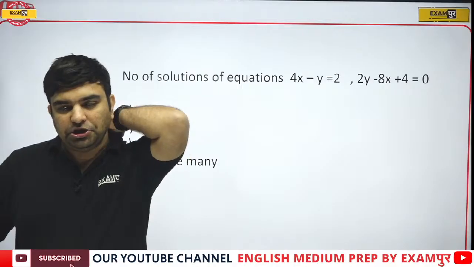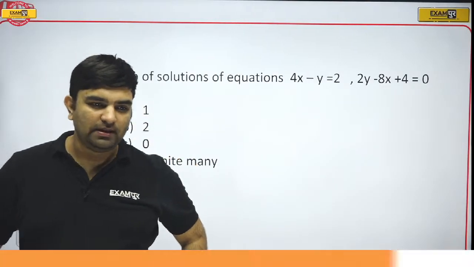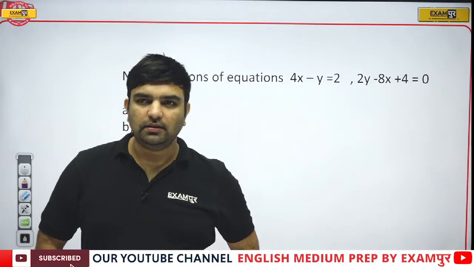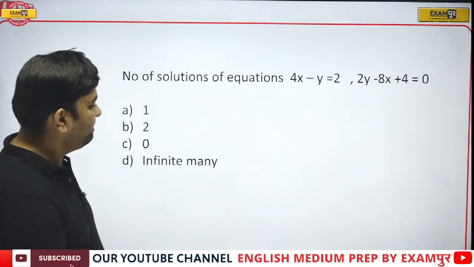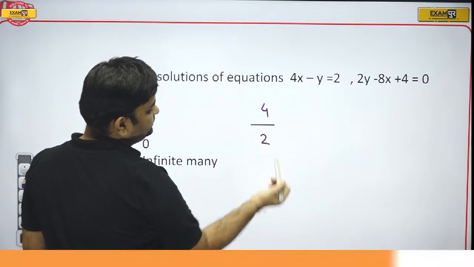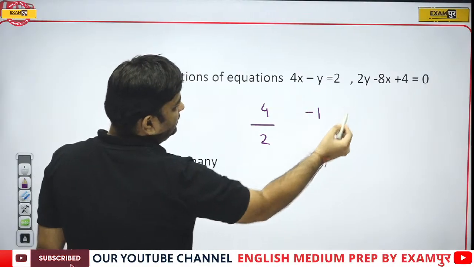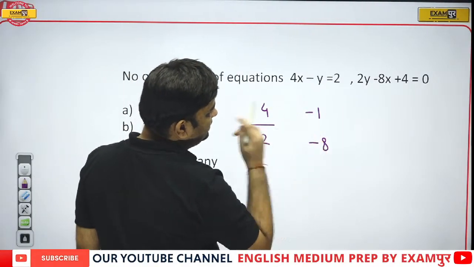Directly go for the condition A1 upon A2, B1 upon B2, C1 upon C2. As simple as this. Just go for it. A1 is 4, A2 is 2. B1 is minus 1, B2 is minus 8.